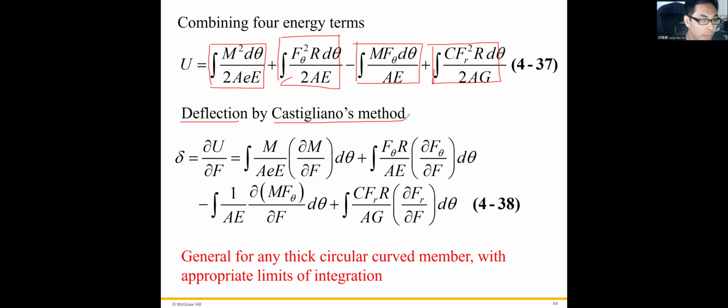So we can take the derivative of the moment with respect to F, and the derivative of the F theta with respect to F. So generally, for the thick circular curved beam, the limits of integration are more appropriately considered.